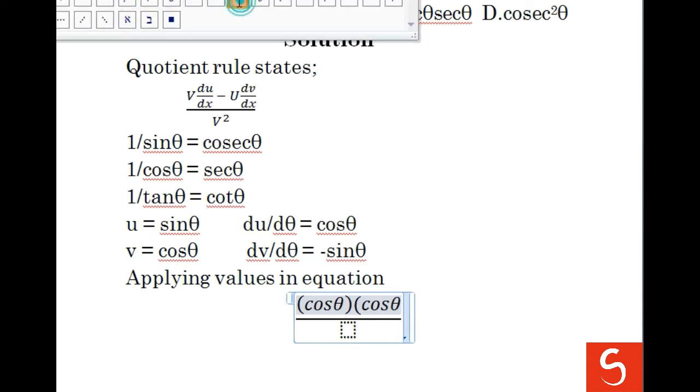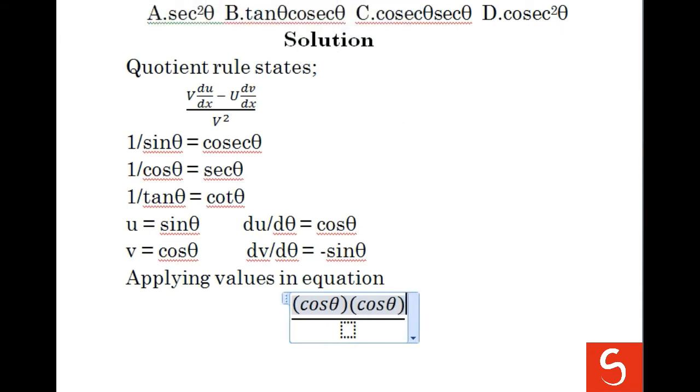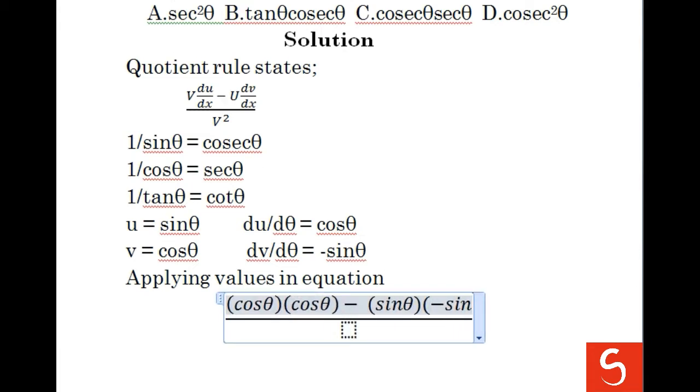Now minus u, which is sine theta, times dv d theta, which is minus sine theta. Note the minus sine there.